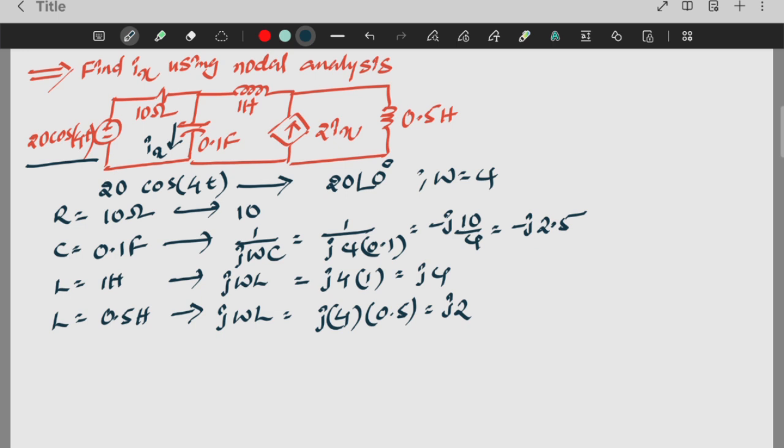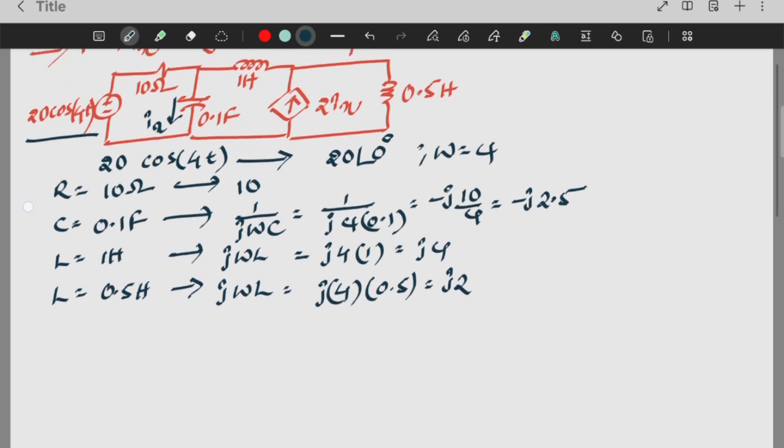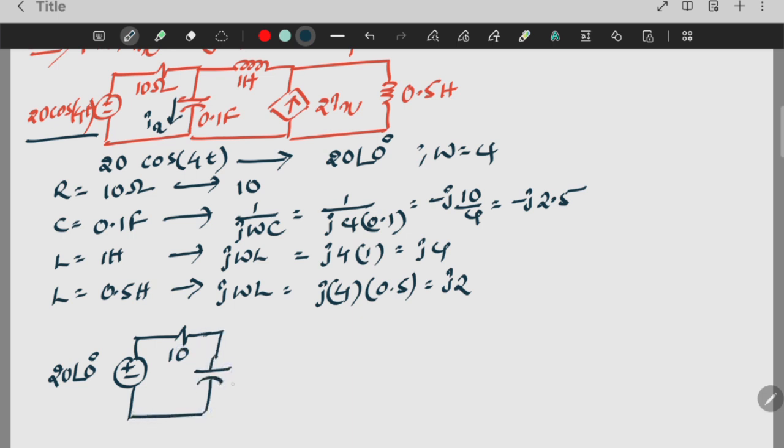Now we need to redraw the diagram using all these values. The source is 20 at an angle of 0. Resistance has no change. The capacitor has an impedance of minus j 2.5, and through this one the current Ix is passing.